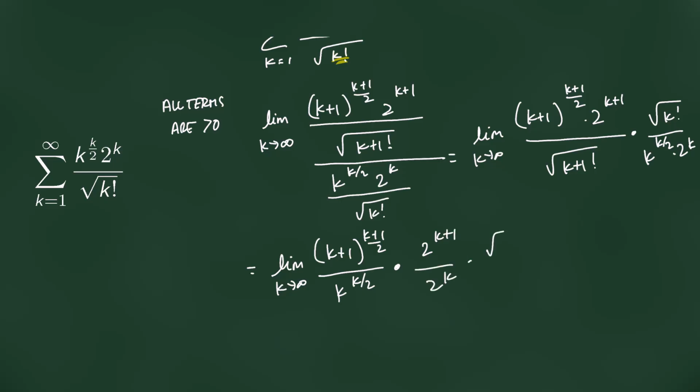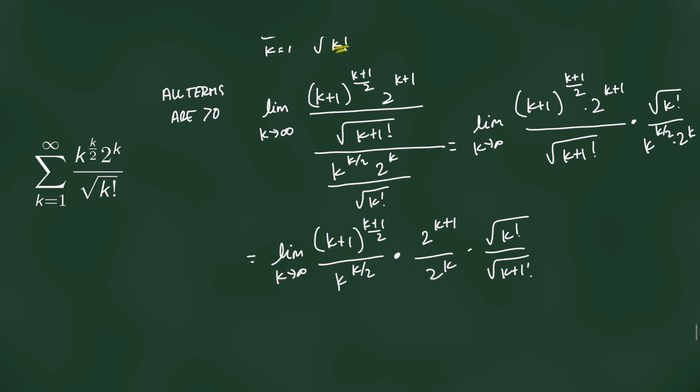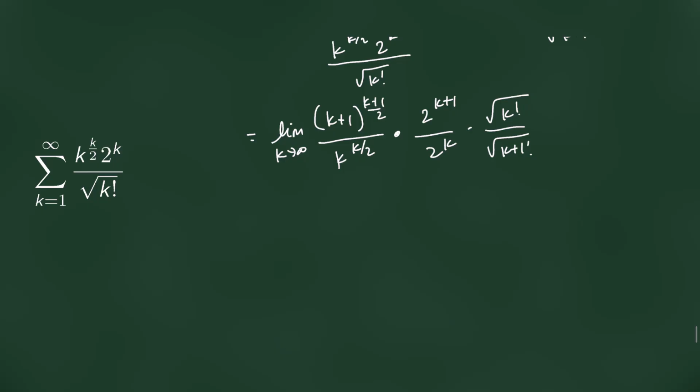And then I have the square root of k factorial over the square root of (k plus 1) factorial. And we can simplify some of those pieces to make this work for us. So here we're going to have the limit as k goes to infinity. Nothing nice happens in the first piece just yet.